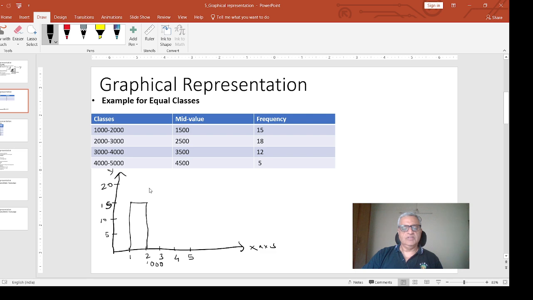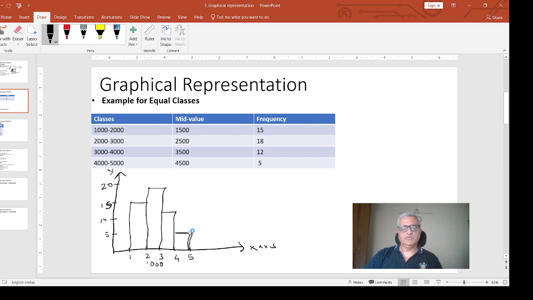18 is somewhere here. What I do is I don't put any gap. For 2000 to 3000 the frequency is 18, for 3000 to 4000 it's 12, and for 4000 to 5000 it is 5.